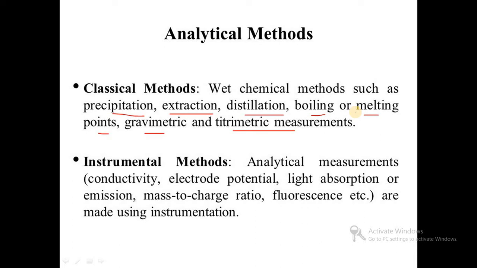Already we have performed determination of melting point and boiling points, then gravimetric experiments are involved in second year and third year chemistry practicals, then titrimetric measurements, acid base titrations, we already saw in first year.